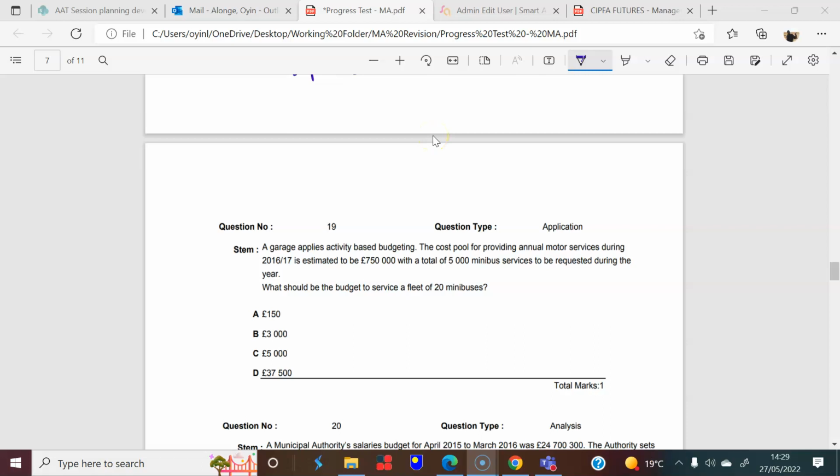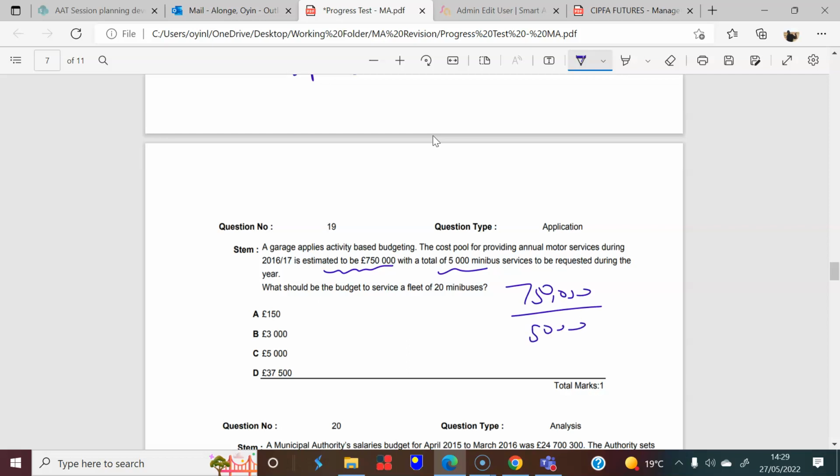Question 19. So what we have here is a situation where we are told you have the estimated costs of 750,000 for a total of 5,000 buses. So you have 750,000 divided by 5,000.